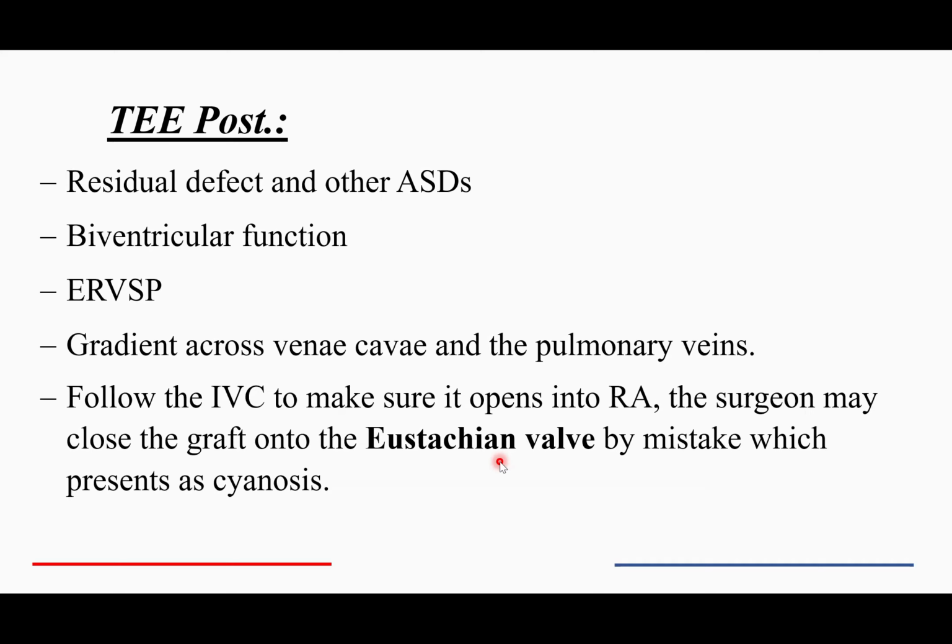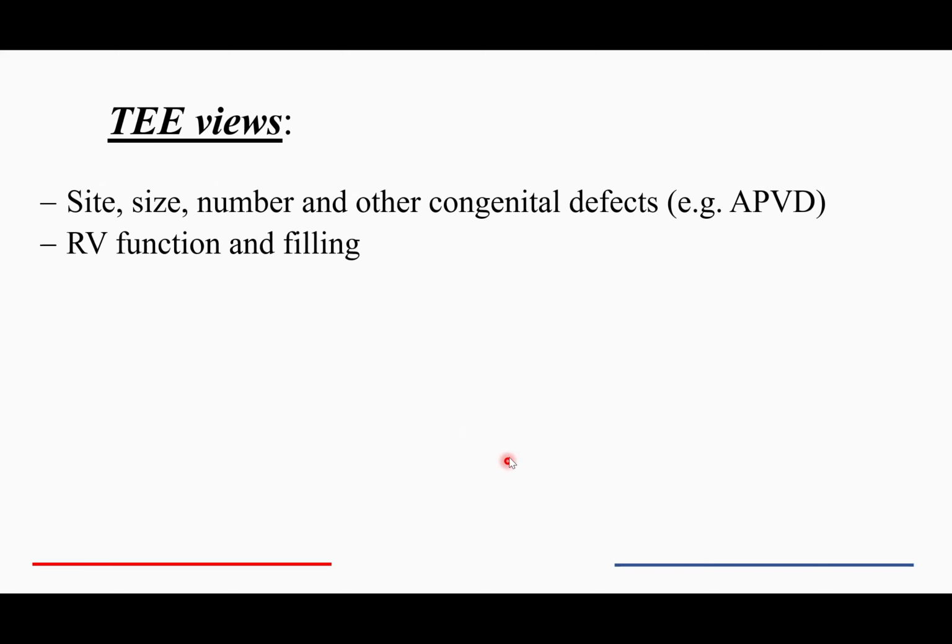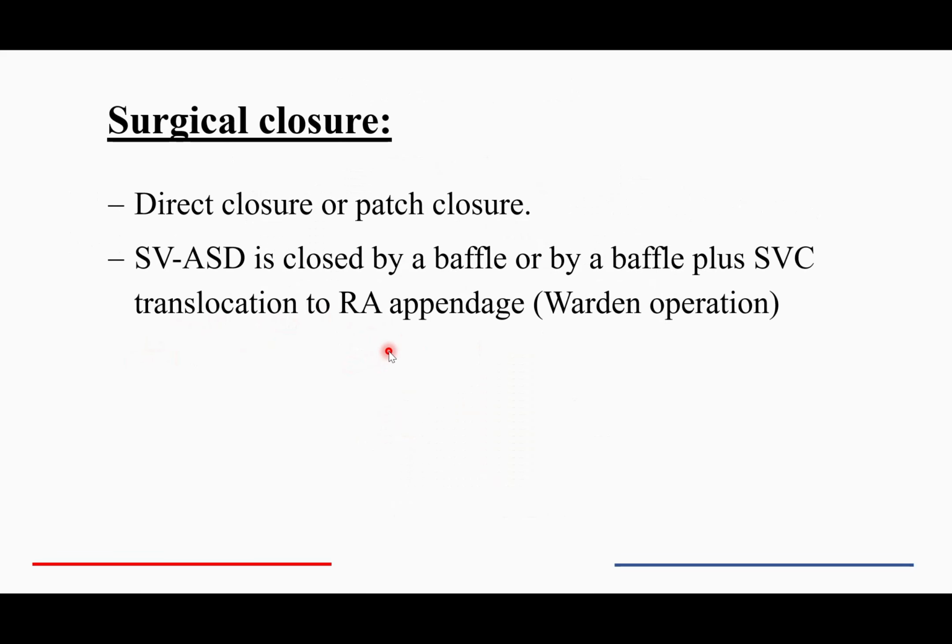So this may cause the inferior vena cava to drain into the left atrium, and the patient comes off bypass cyanosed because the venous drainage of the lower limb goes to the left side. So this is a right to left shunting. So we should follow the IVC flow into the right atrium.